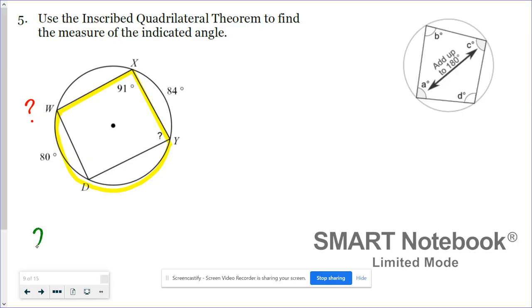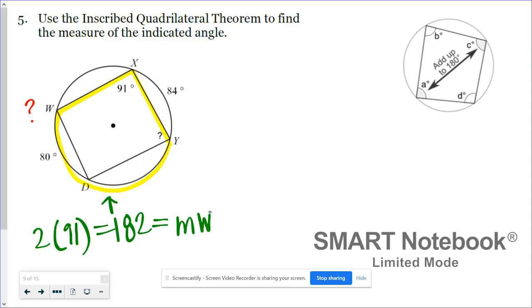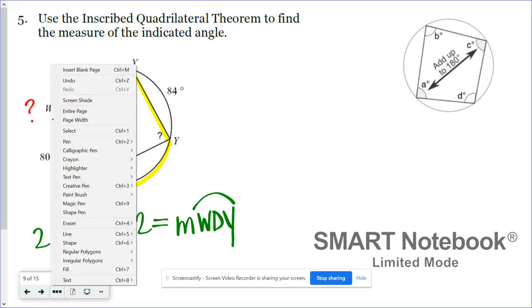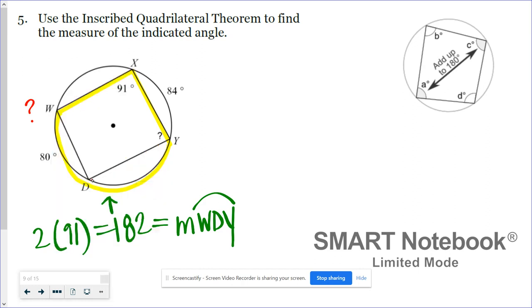If I go 2 times 91, I get 182, and 182 is the measure of that major arc WDY. So if the major arc is 182, then for this little one, DY, I go 182 minus 80, which is 102. Now I know a little more about this circle.